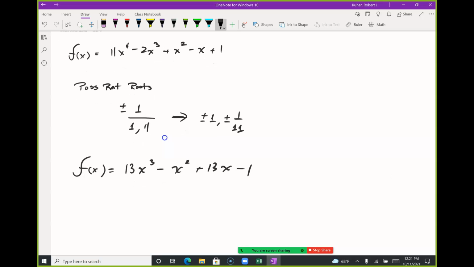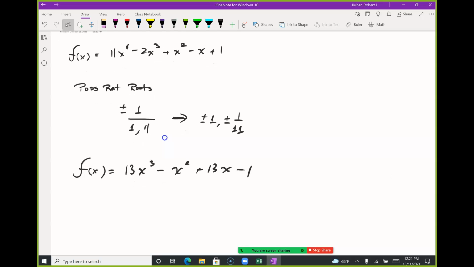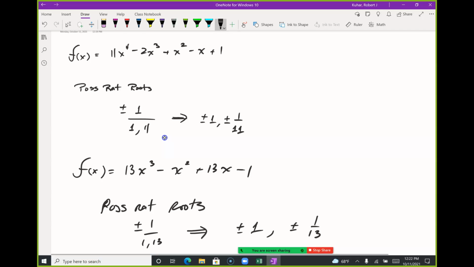But on this one, what are my possible rational roots here? It's plus or minus 1 over 1 or 13. So again, plus or minus 1 or plus or minus 1 over 13.